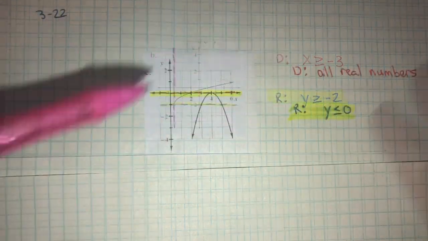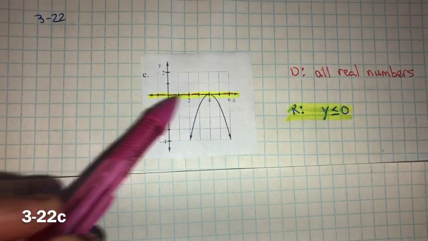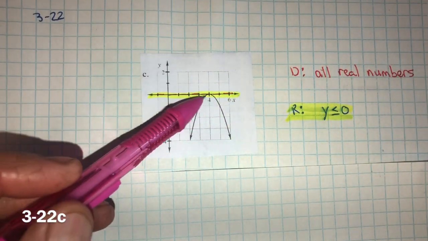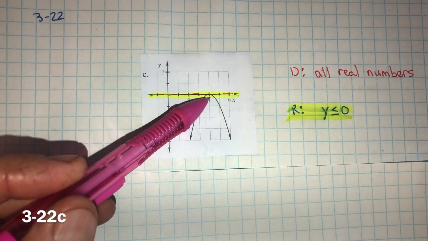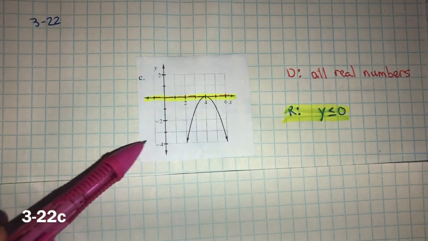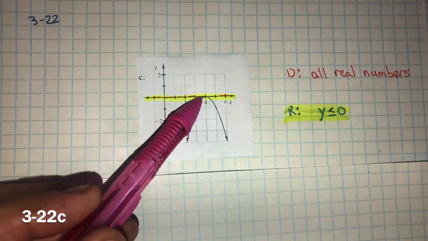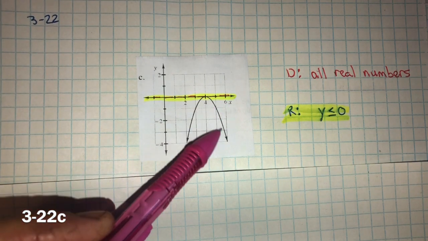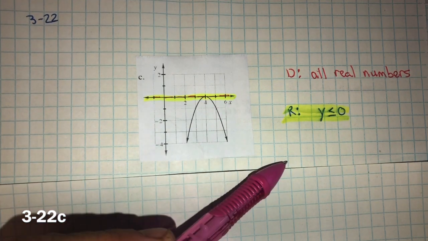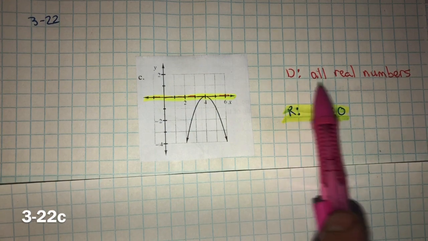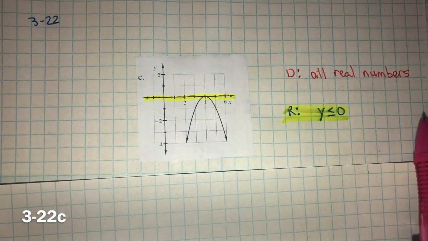It's the range. So on the x-axis, you can see these arrows are infinitely going towards the negative values. And on the x-axis, this graph is infinitely going towards the positive values. So the domain is all real numbers.